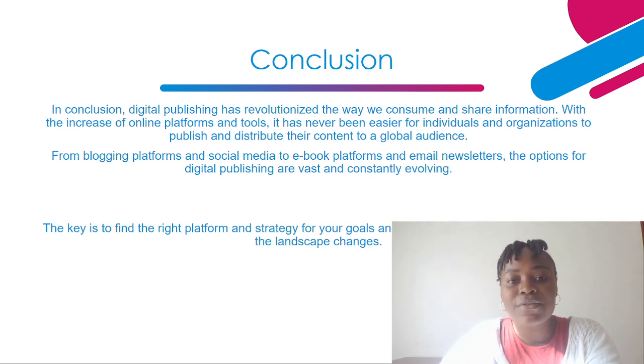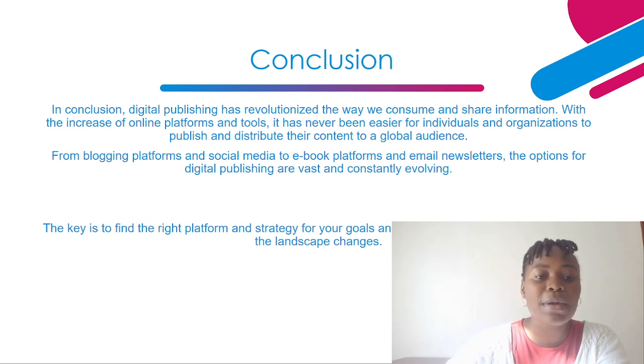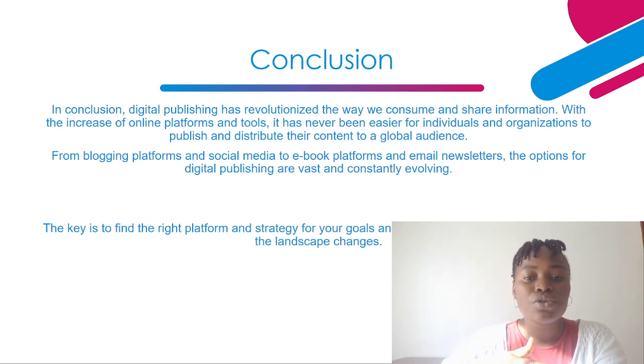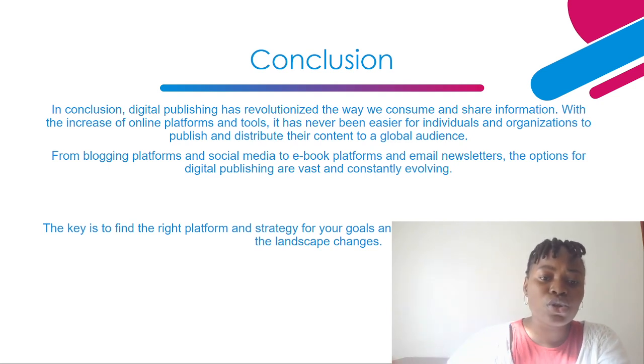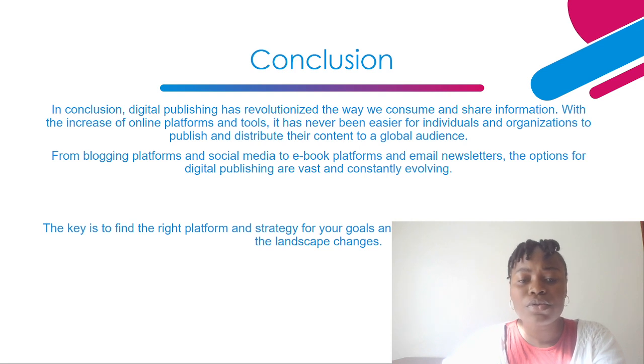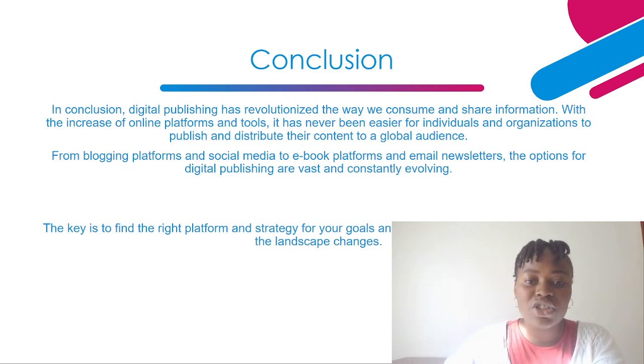For instance, if you realize that your audience also have persons with disability that cannot maybe read, you should be able to look out for platforms that use the text to audio tool, so that the information can just be read out to them. So in that case, you just need to know what your target audience is and how they can be able to consume the information that you are sharing.